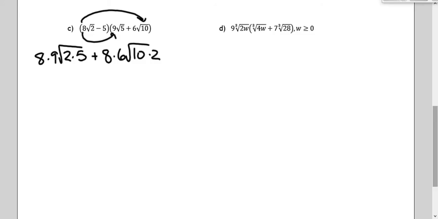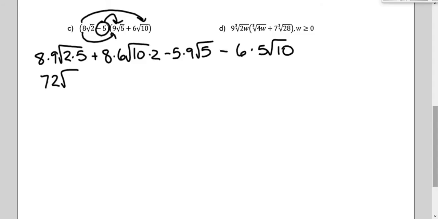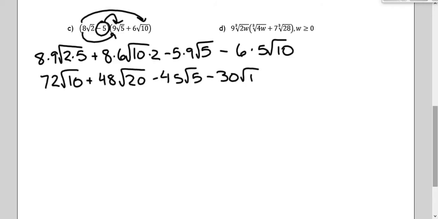I'm just going to keep going, and then this becomes -5 multiplied by 9 root 5, so -5 times 9 root 5, minus 6 multiplied by 5 root 10. Okay? So this becomes 72 root 10 plus 48 root 20 minus 45 root 5 minus 30 root 10.